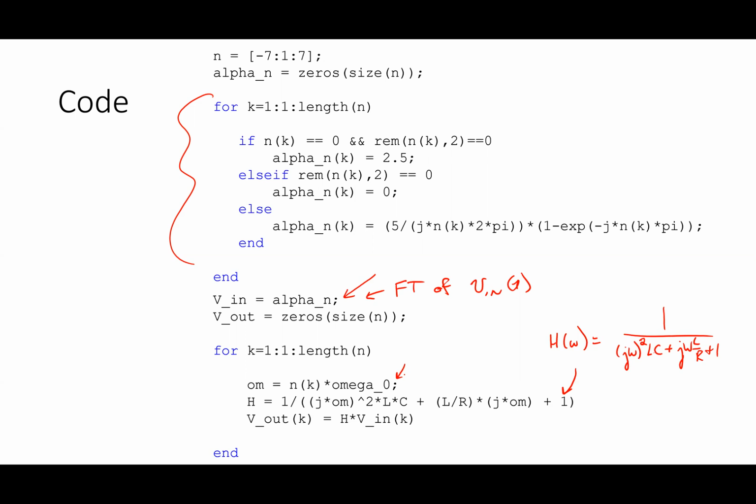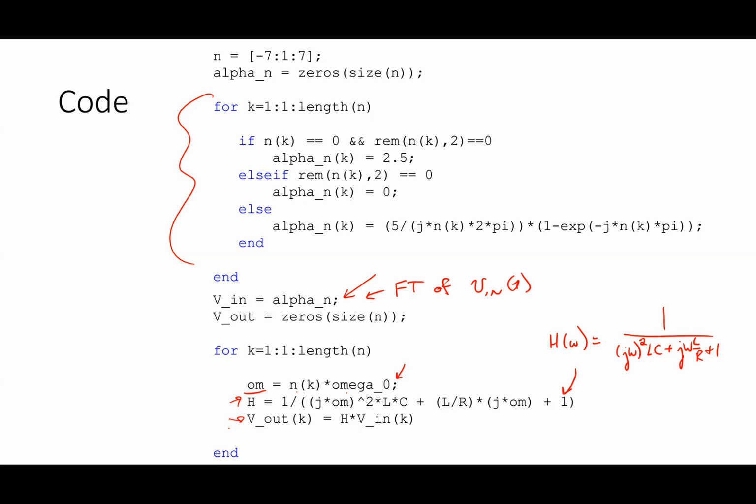It's n times omega naught. So for the given harmonic, it's n times omega naught, right? And then I'm plugging that into H, and then I'm multiplying to figure out what the value of the Fourier transform is going to be at that particular point.